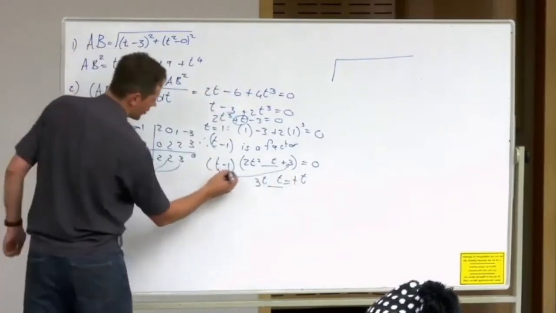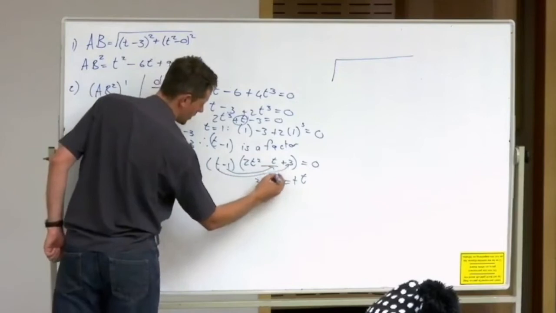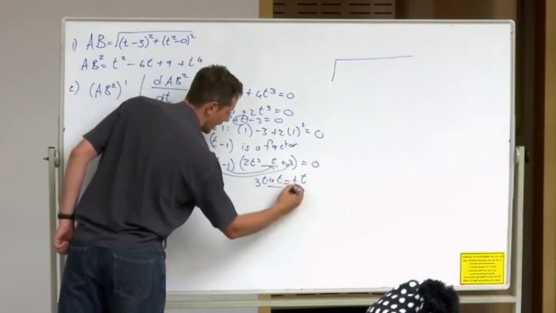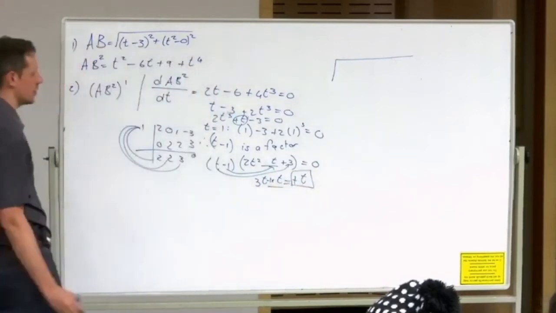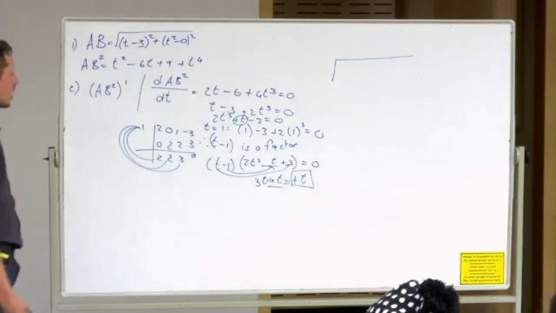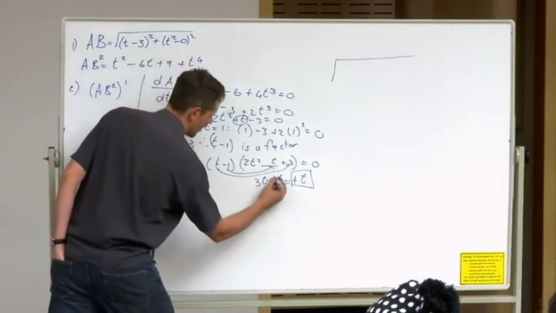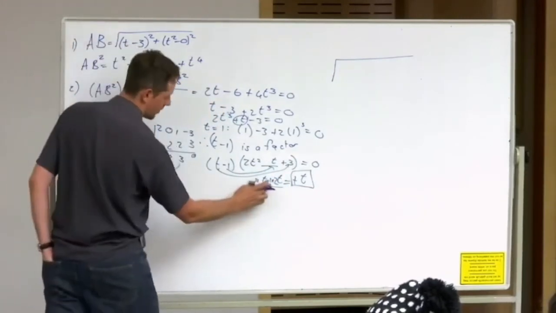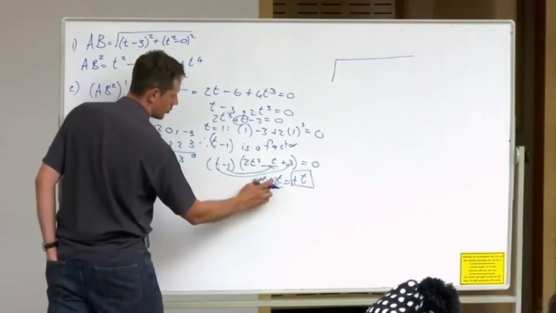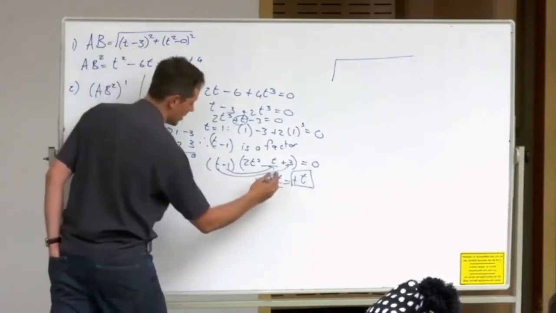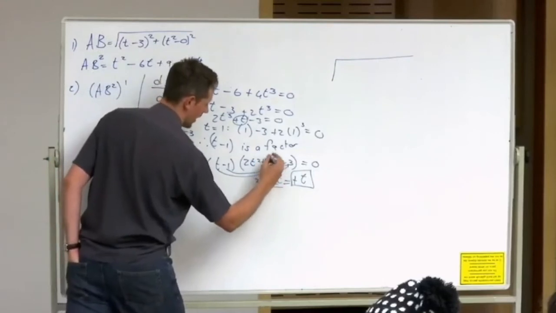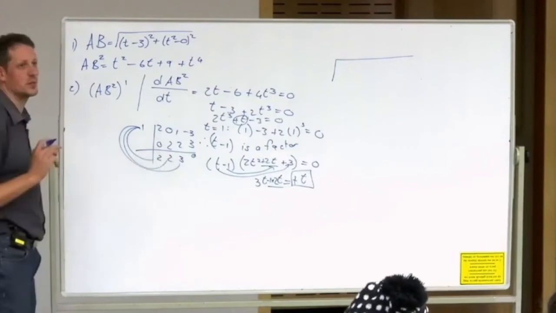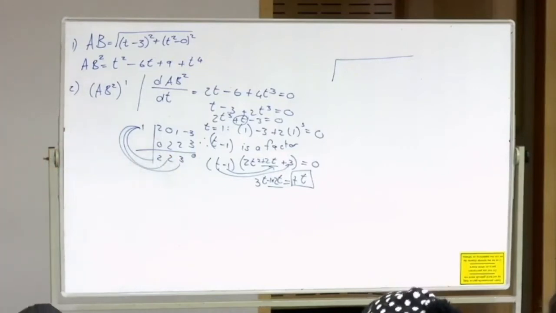And the other one is going to give me negative 1 times something. And I need this to add up to positive t. So I know this has to be a 2. Because 3t minus 2t gives me plus t. So I know this has to be a plus 2t, which I get from here in any case. Okay?